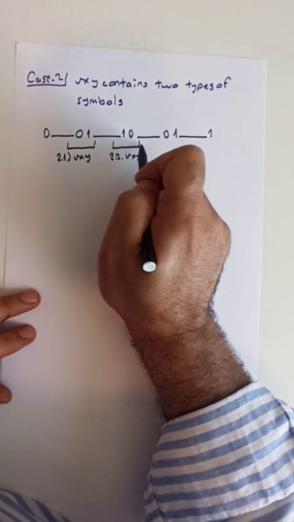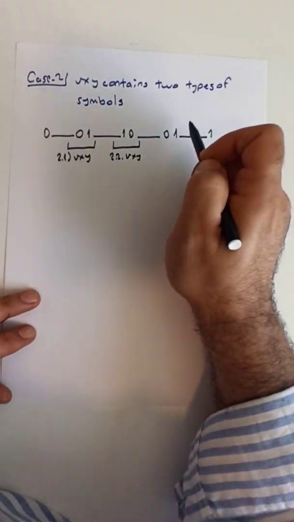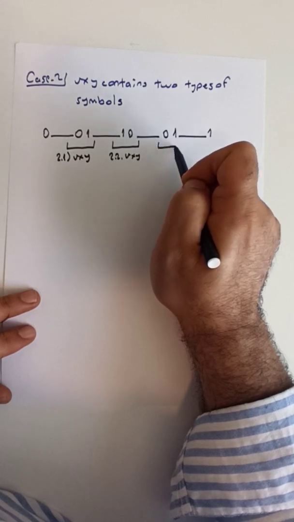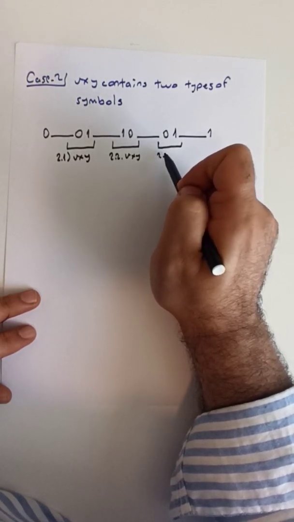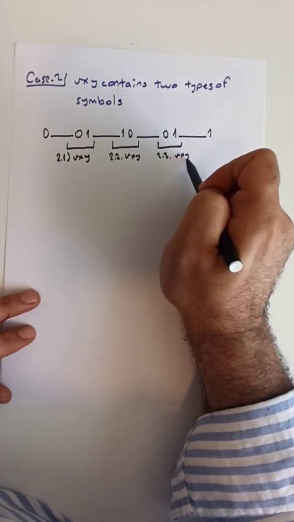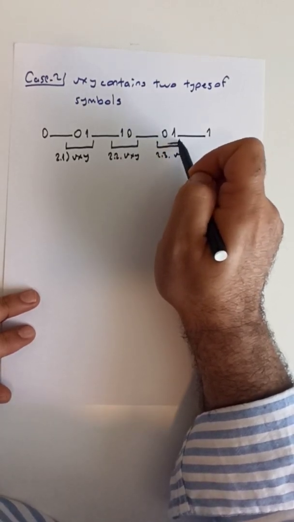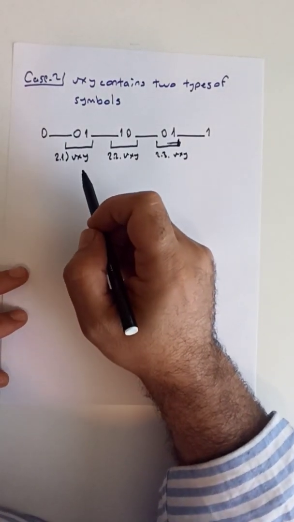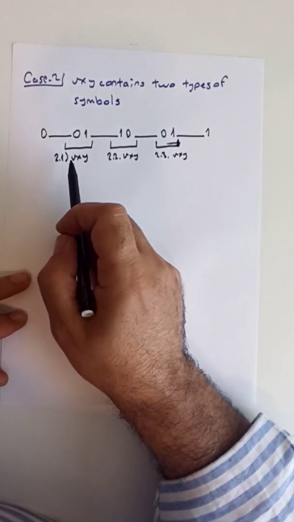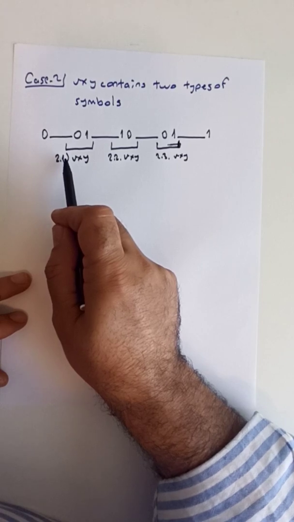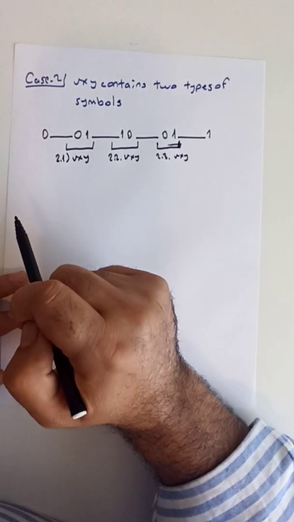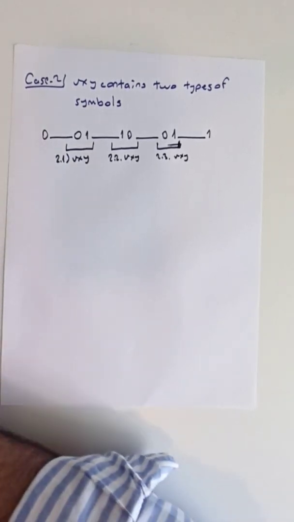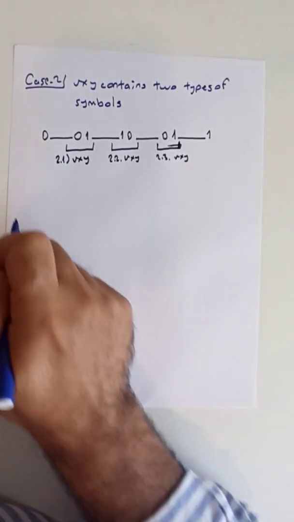And it could be the case that vxy belongs to somewhere in this range, again containing two types of symbols. Let's call this 2.3. This shows us where vxy can lie. It should be visible that these two cases, 2.1 and 2.3, are quite similar. Let's first think in terms of case 2.1.